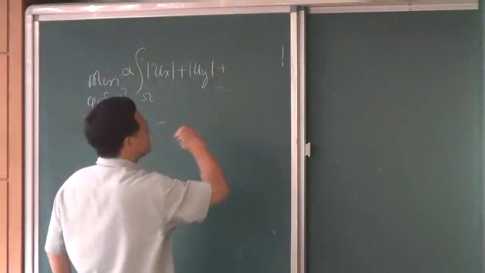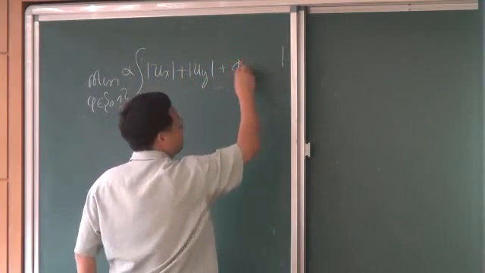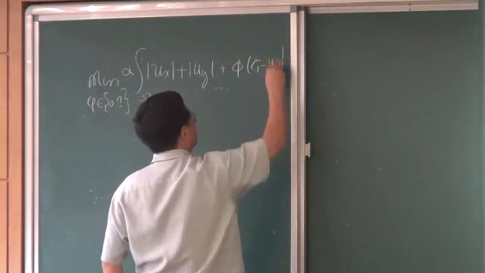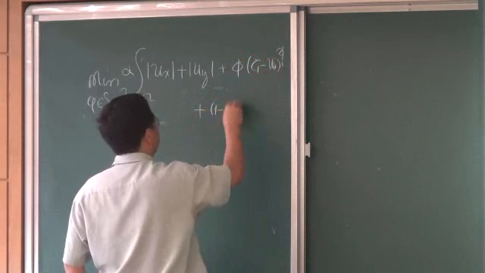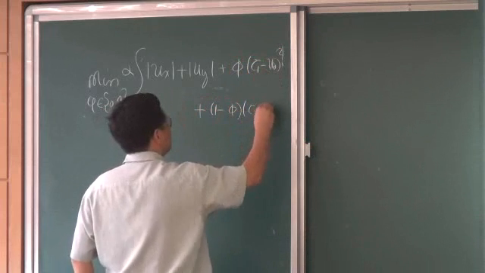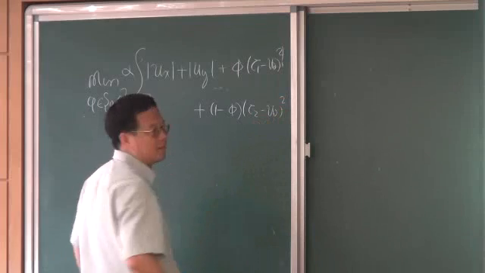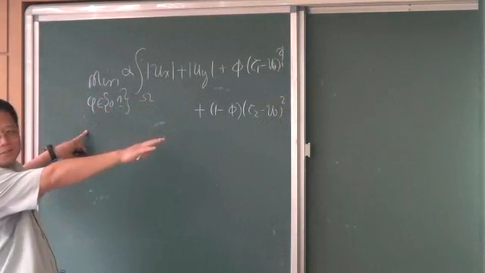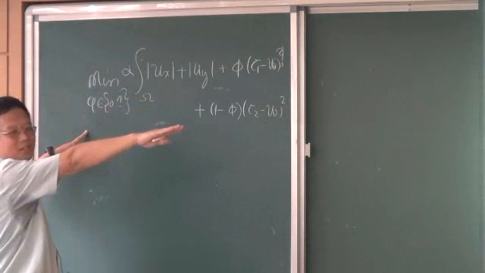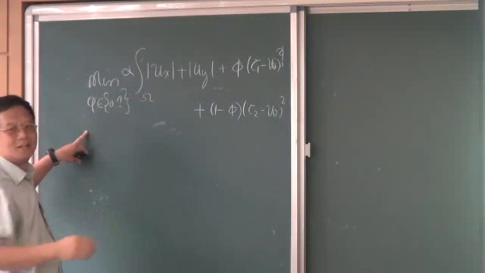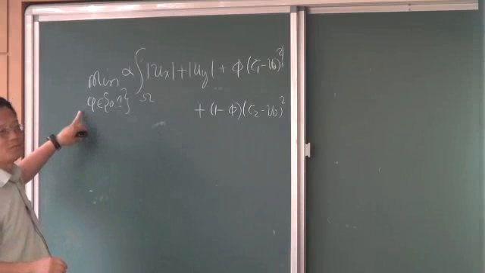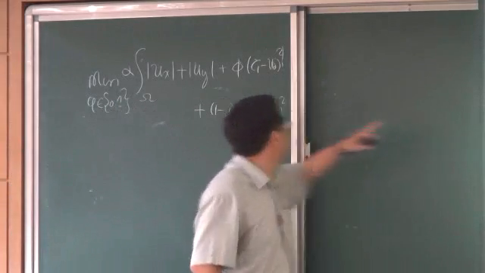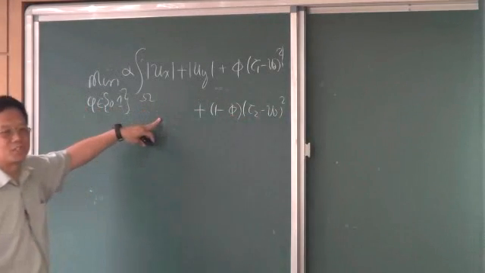The second part is phi times F1, which is C1 minus U0 squared, plus 1 minus phi times C2 minus U0 squared. For people who are familiar with the discretized, they always prefer to look at that model. But for people who want to use a continuous setting, this is essentially a discretized version of such a minimization problem.